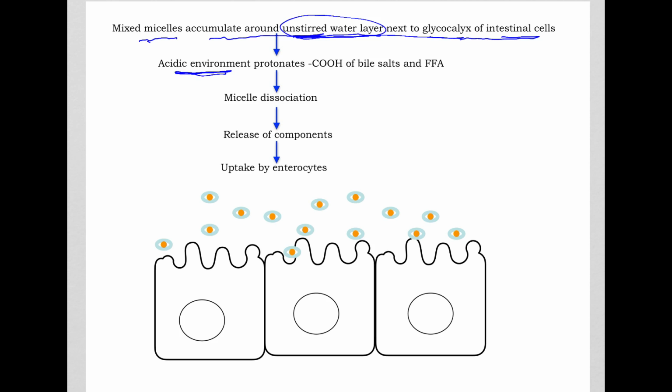And that acidic pH is going to protonate the carboxyl groups of the bile salts as well as the carboxyl groups of the free fatty acids. So with the protonation of these groups, they become weaker detergents, and the micelle will now dissociate.